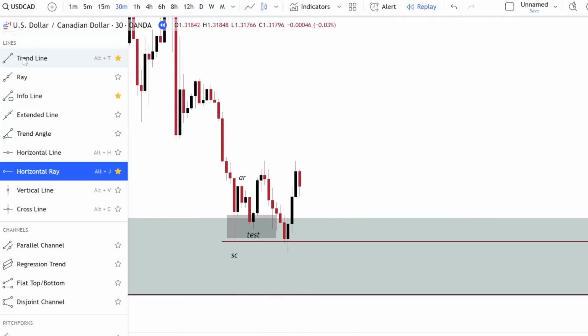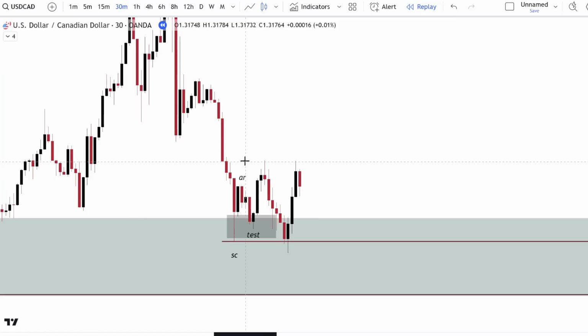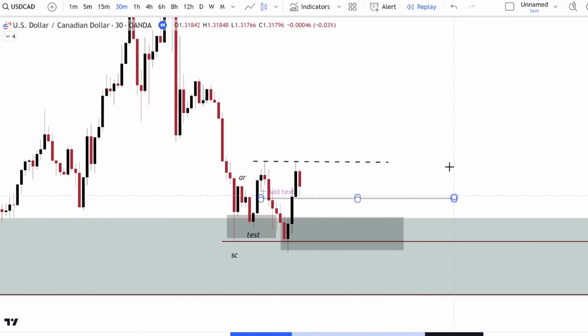Now price broke structure, barely wicked out. So where are you looking for an entry now? You can wait for a 50% entry here. You can wait for an extreme entry right here, or you can wait for a fair price entry right here.